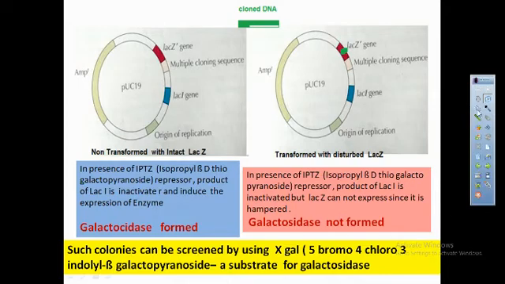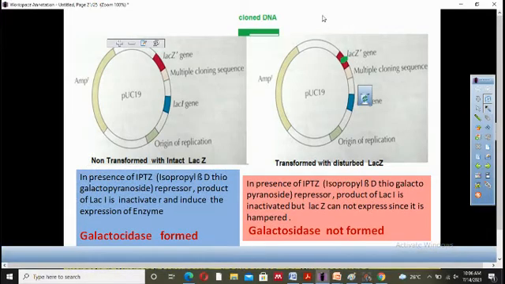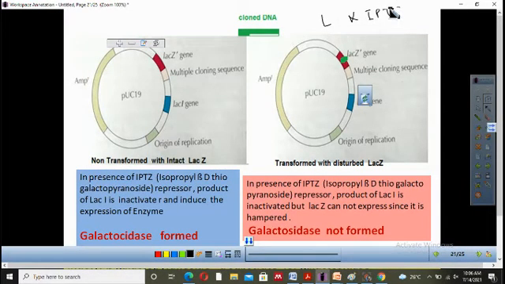So here we are using IPTG, isopropyl beta-D-thiogalactopyranoside, which is an inducer molecule. Lactose and IPTG are both inducers but have different structures, therefore it is called an analog.